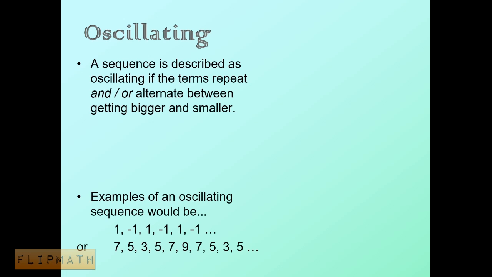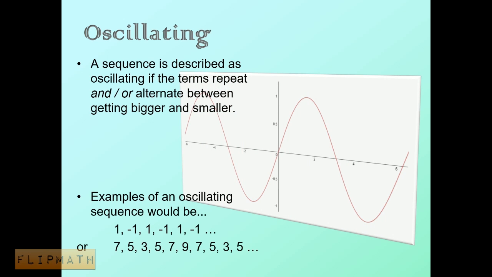It never goes into the minuses, but it goes down and up and down and up. A sine graph, for instance, goes up and down and repeats all the time. If you imagine a metronome going from one side to the other constantly, it never goes beyond the scale of where it is. It just oscillates between those two points. That's an oscillating sequence.